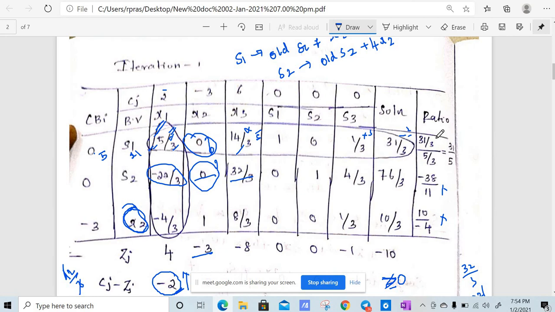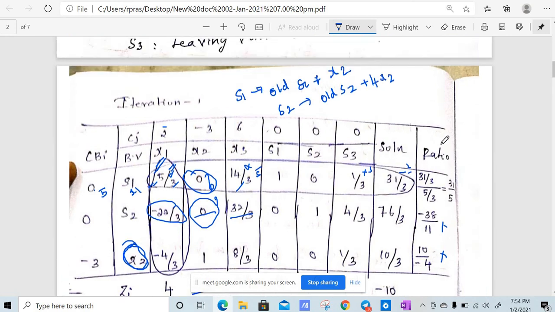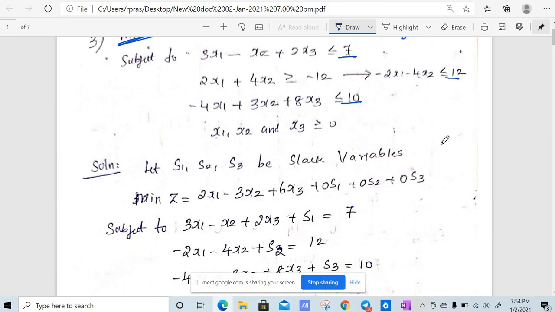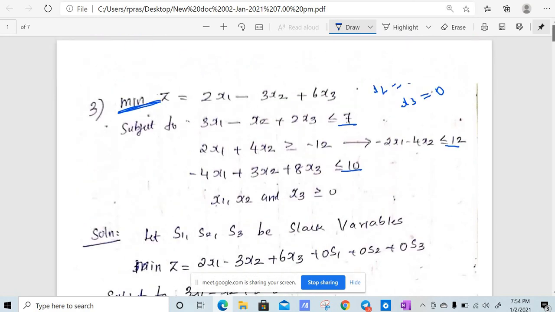In order to find the least positive value, if all are negative you will not get the least positive value. Then you can simply stop the iteration and say the problem is unbounded. There is no maximization or minimization value that we can attain. So that's it. Just practice more problems on the simplex method.